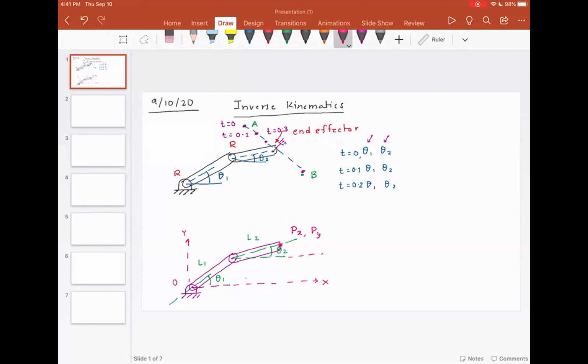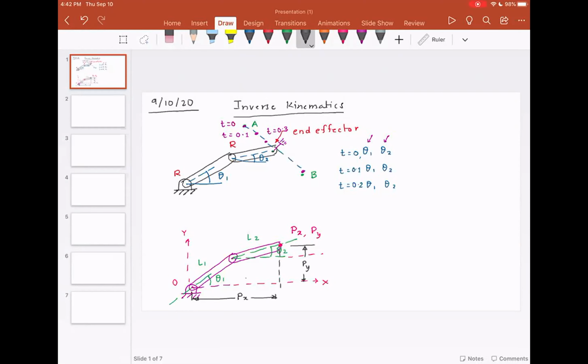You have theta 1 and you have theta 2. Now, this distance is Px, and this distance is Py.